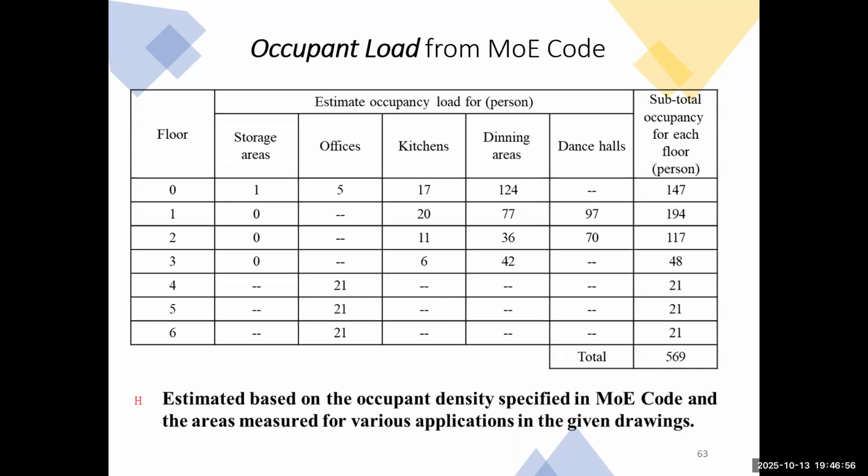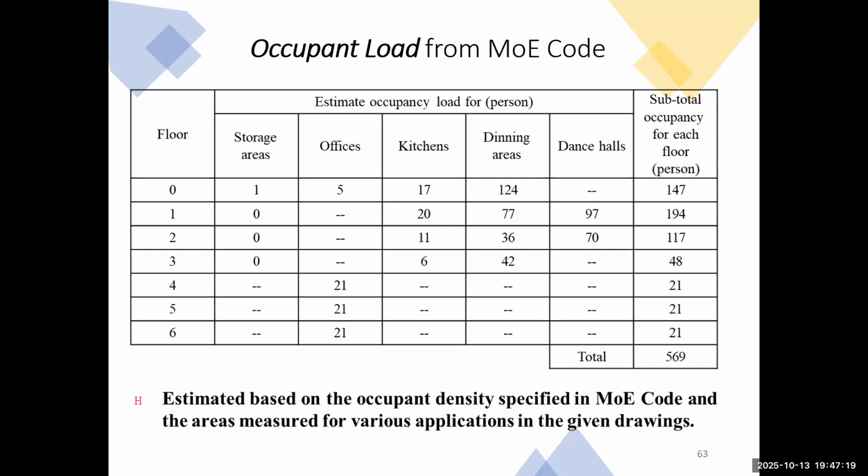We also consider floor 4 to floor 6. It is a kind of office floor, so each floor has 21, and the total number of persons reaches 569.